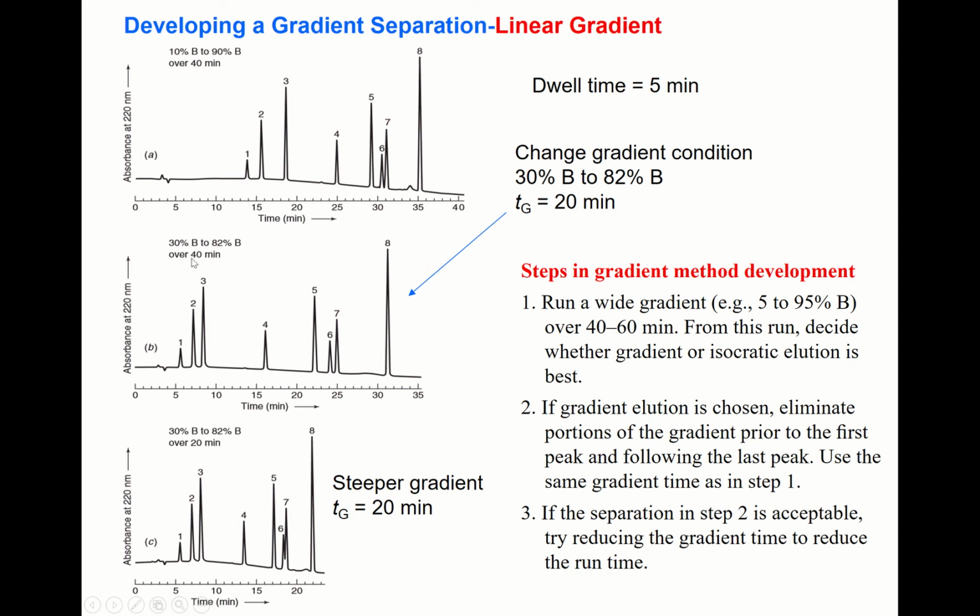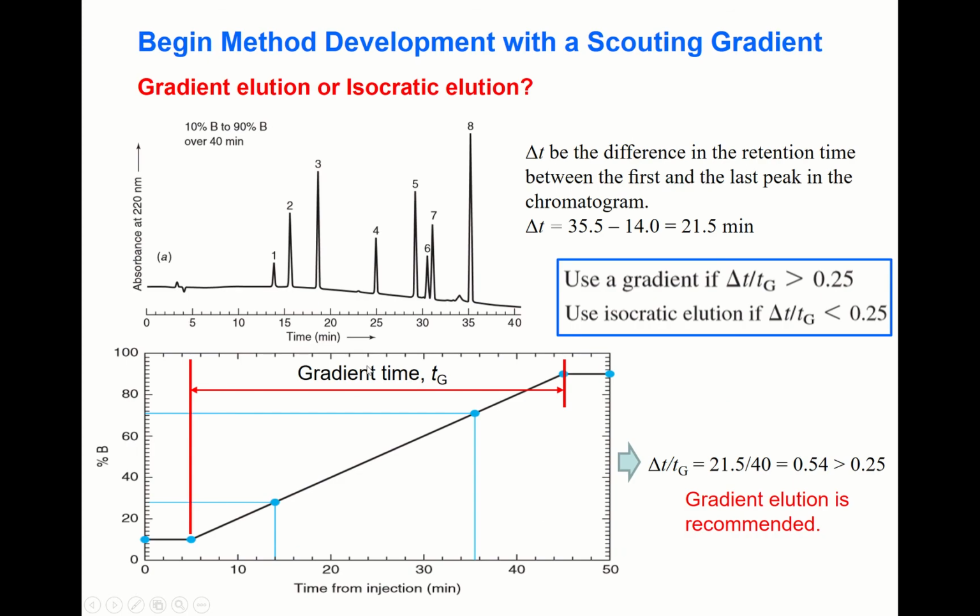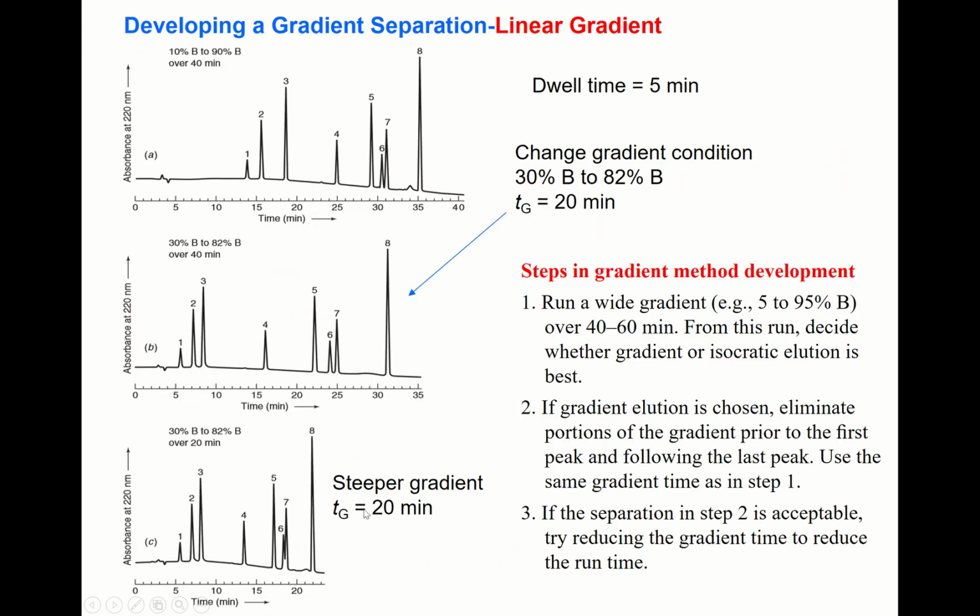This one was obtained over 40 minutes, but this one was obtained over 20 minutes. Steep gradient. So the gradient time is 20 minutes in this case. No, no, I'm sorry, this is 40 minutes. So by changing the gradient time, we can further shorten the separation time.